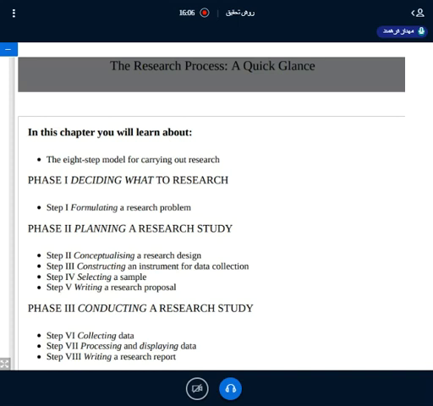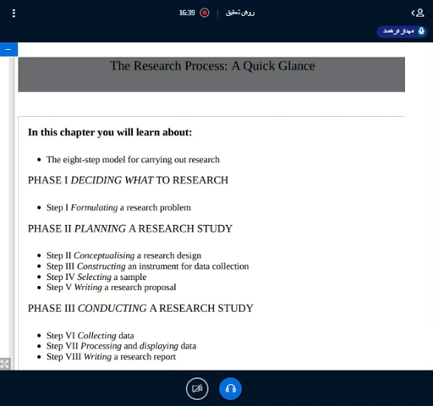Chapter 2, the research process and creative plans. So today we are going to study about the research process at a quick glance.